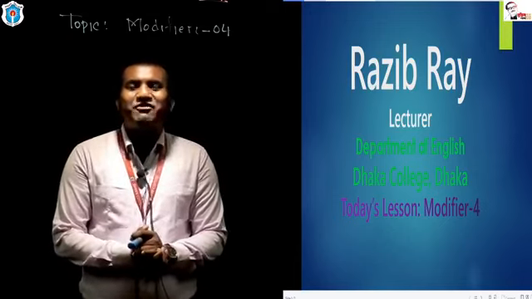I'm going to show you the question pattern of modifier. Okay, this is question number A. That means in the modifier part, after a certain word or phrase or clause, a gap will be given. In the gap you have to use something, and the thing that you use in the gap will be your answer.